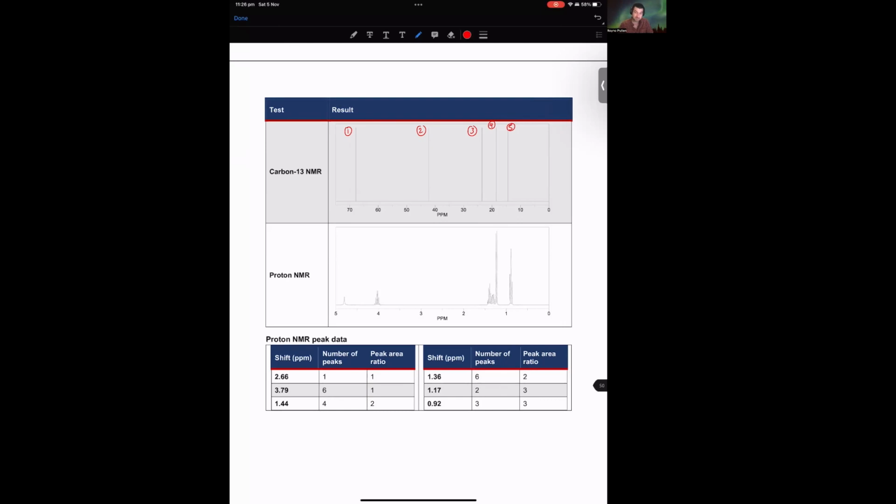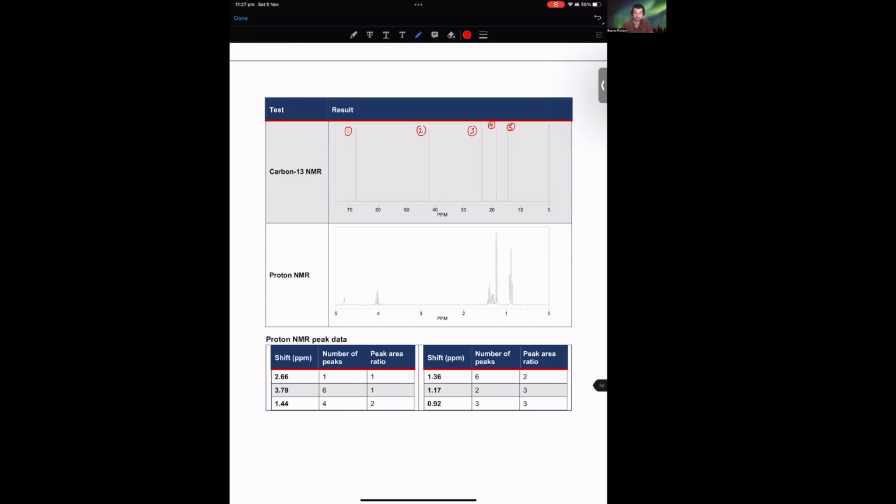Peak 2, just over 40 ppm, tells me that this is likely a carbon that's quite close to the alcohol. And then peaks 3, 4, and 5 are just increasing distance away. So the de-shielding effect that comes from that electron withdrawing group, the oxygen, diminishes over distance.